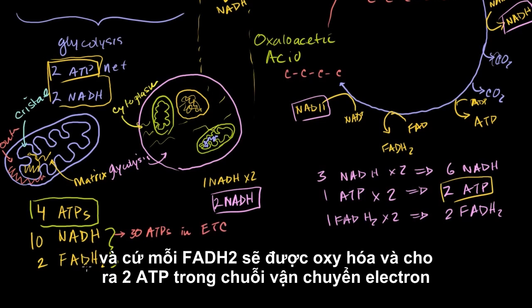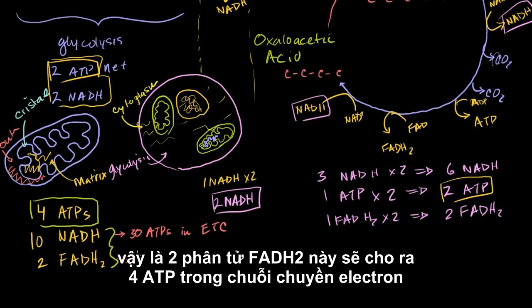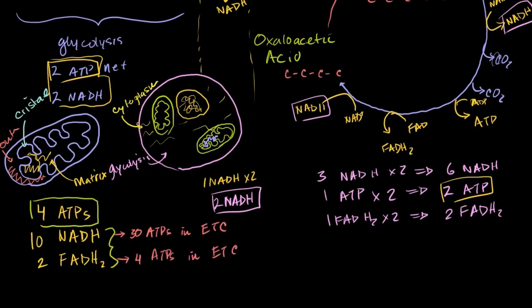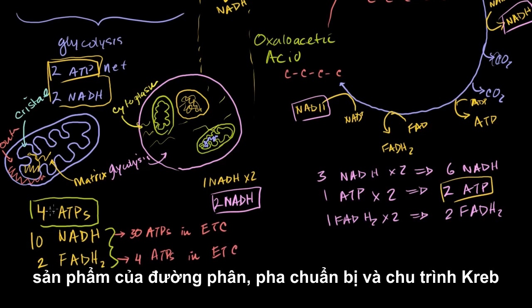And each FADH2, when it gets oxidized and turned back into FAD in the electron transport chain, will produce 2 ATPs. So 2 of them are going to produce 4 ATPs in the electron transport chain. So we now see we get 4 from just what we've done so far: glycolysis, the preparatory stage, and the Krebs or citric acid cycle.